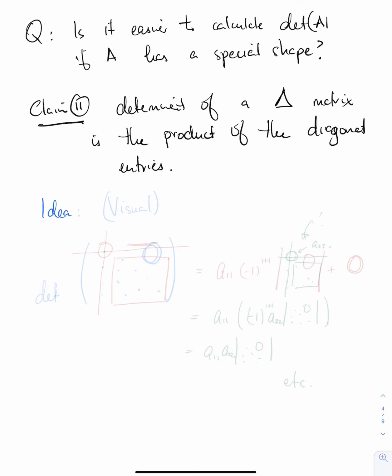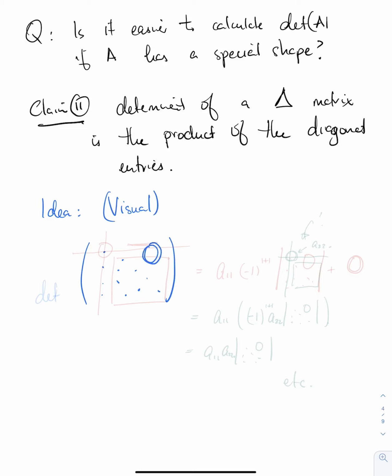And for this particular fact, this claim, the idea is particularly visual. If I had, say, a lower triangular matrix, what does that look like? I've got entries going down the diagonal, perhaps. I've got entries below the diagonal, and everything else is a zero.